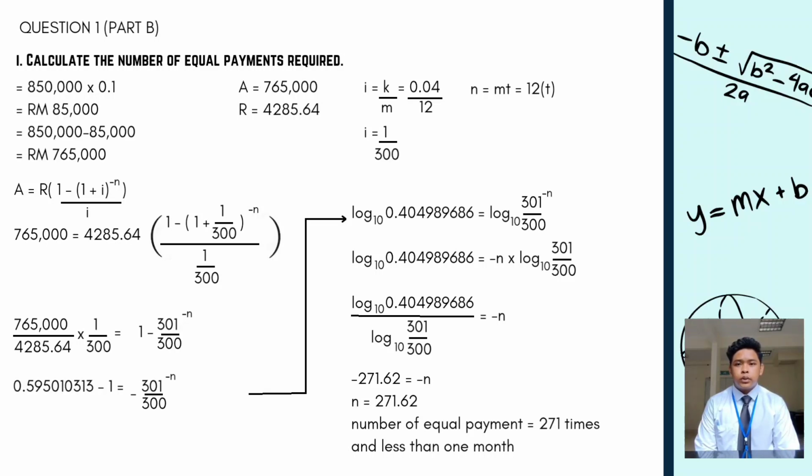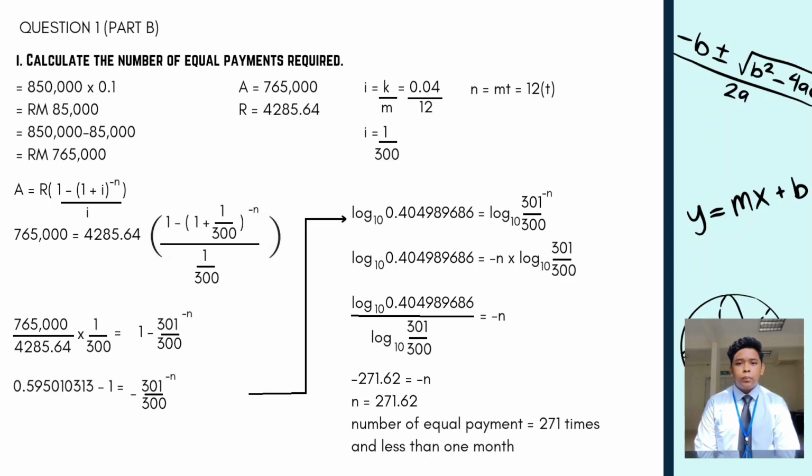But we need to remember that in this question we must find n, so we need to use logarithm. So log 0.404989686 equals log of 301 over 300 to the power of negative n.